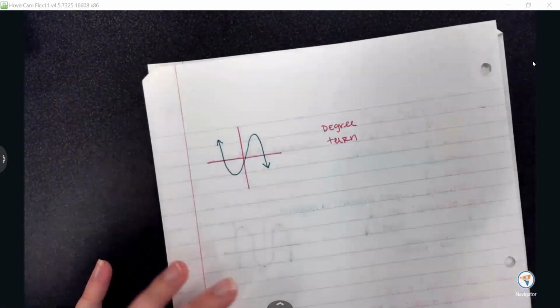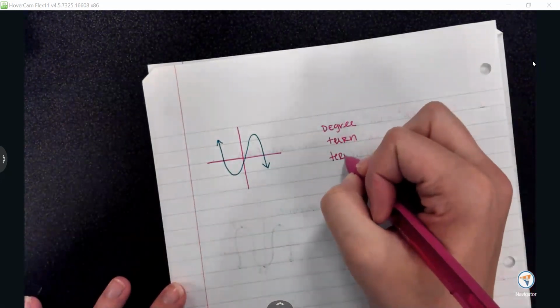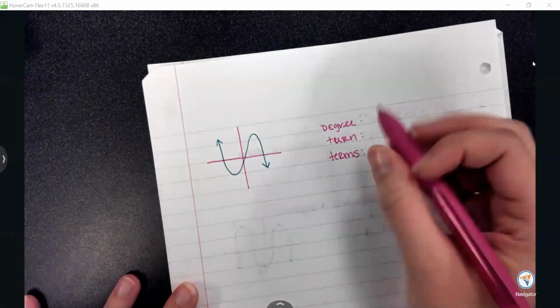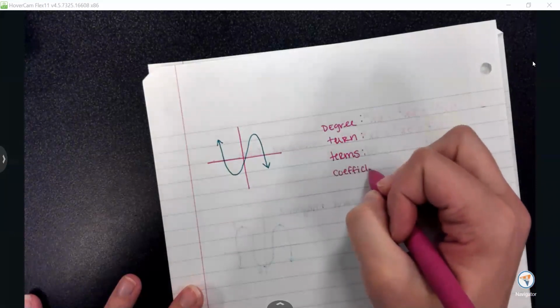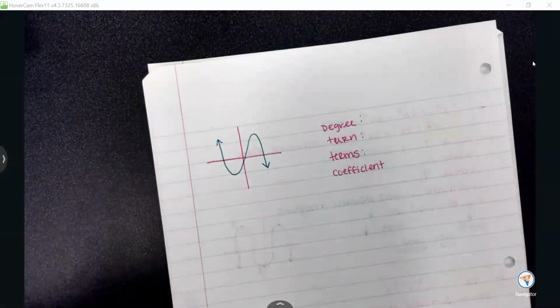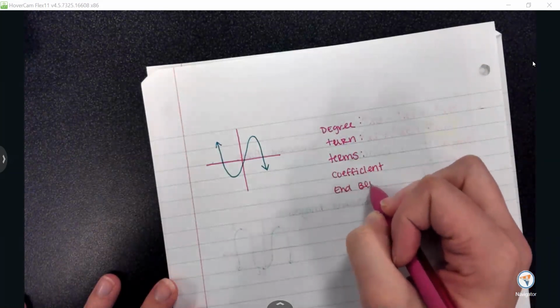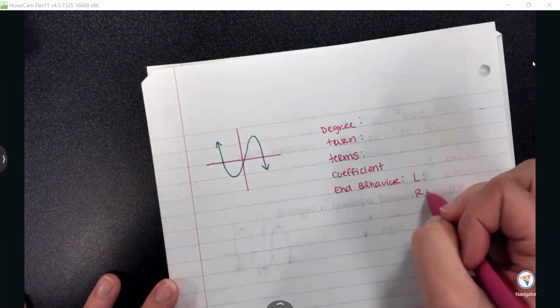The only question you cannot answer from a graph is terms. We'll put it on here and then we'll make that note that we can't answer that question. Okay. What else did I have on there? Coefficient. And end behavior. A left side and a right side.